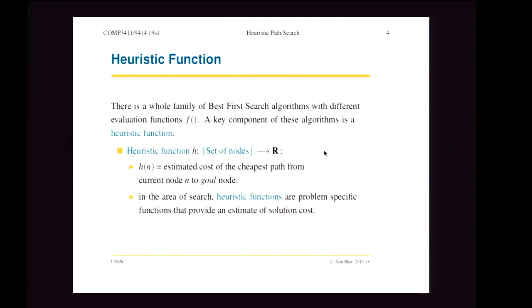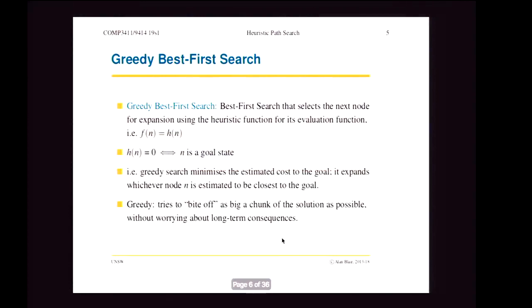It gives you a value that tries to guess how far you are from the goal state. And this can help us to search faster. There's this thing called greedy best first search, or often just greedy search. When it has to pick a node to expand, it always picks the one that's closest to the goal.